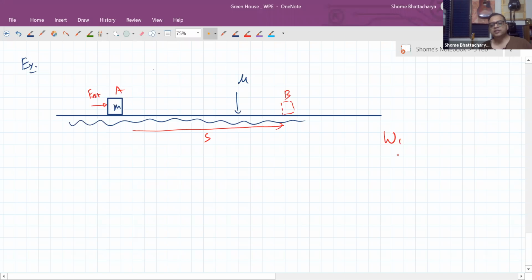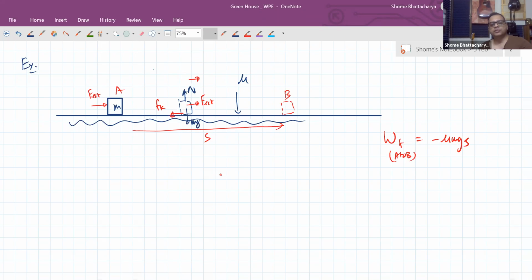So work done by friction from A to B will become how much? Minus mu mg S, because you can see that at any point of time, the forces acting are mg, normal reaction, the external force, whatever we are applying to keep it moving, and kinetic friction like this. That kinetic friction will have a magnitude of mu N, which is mu mg.